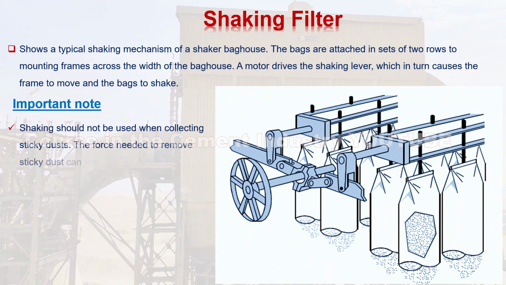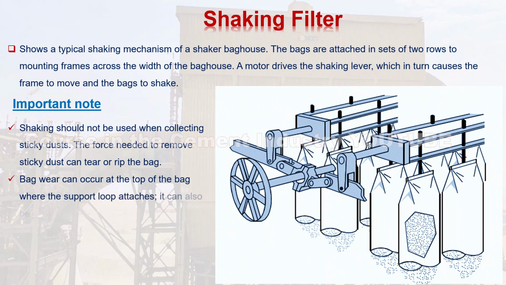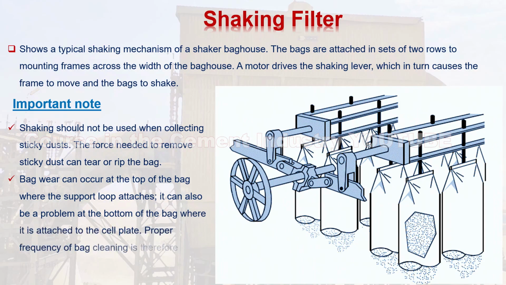The force needed to remove sticky dust can tear or rip the bag. Bag wear can occur at the top of the bag, where the support loop attaches. It can also be a problem at the bottom of the bag, where it is attached to the cell plate. Proper frequency of bag cleaning is therefore important to prevent premature bag failure.